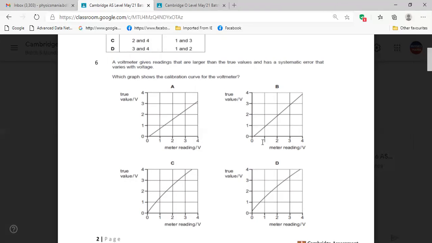So where are you getting that one? C, sir. Okay, you are saying C, but readings larger than true values, so it's meter A. Meter reading larger than true values, also we get in B, right?